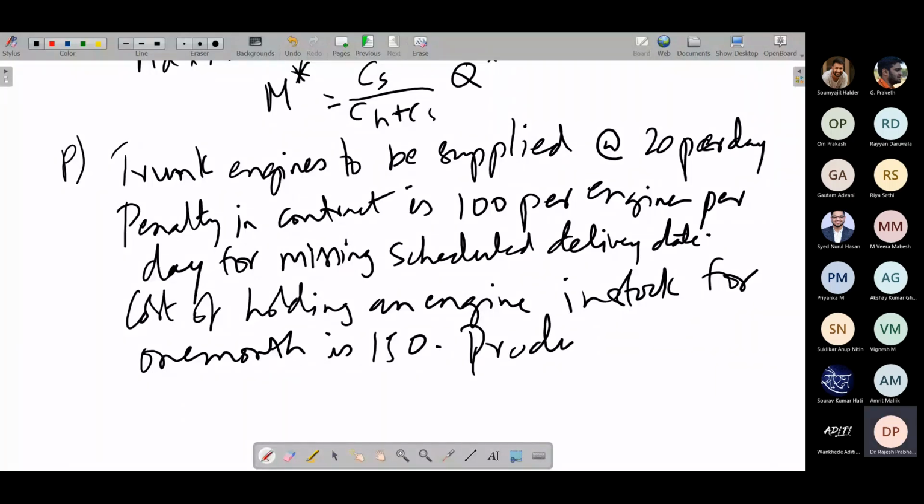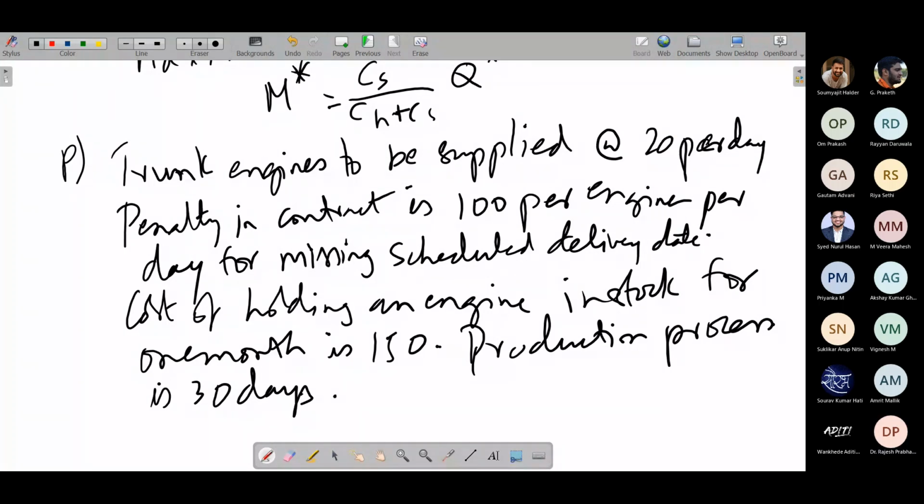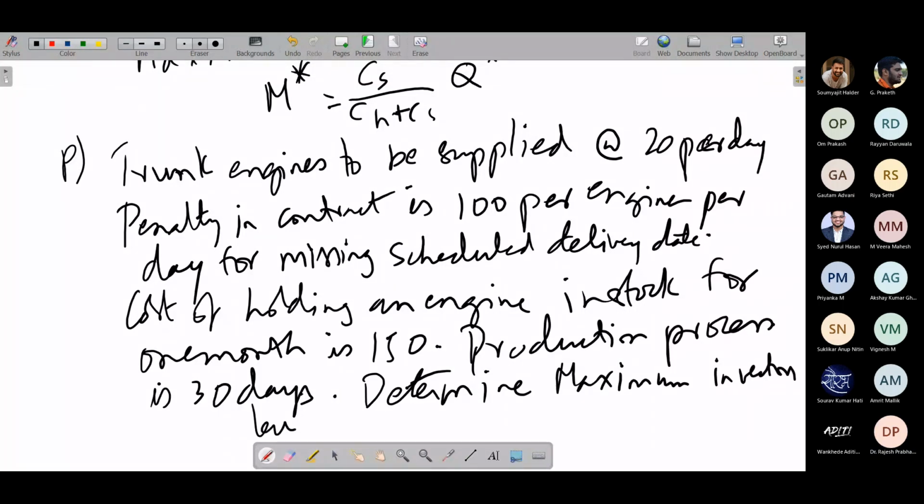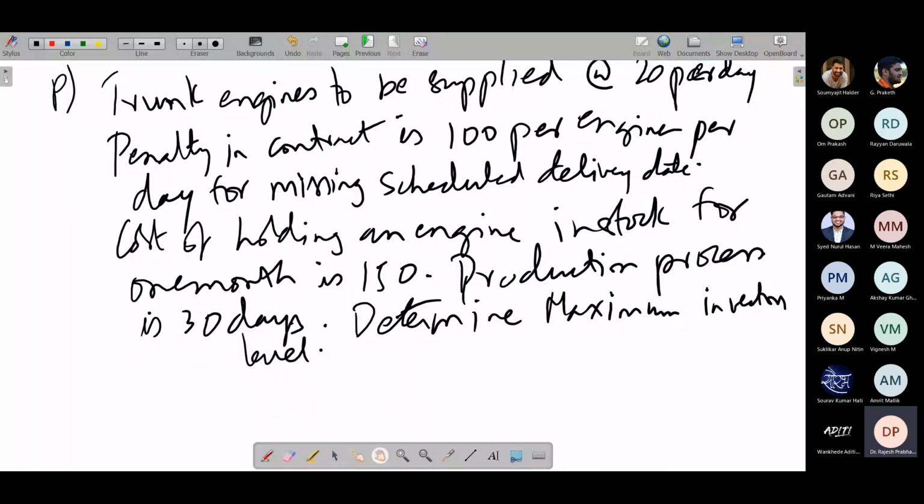The production process is 30 days. What we have to determine is the maximum inventory level.